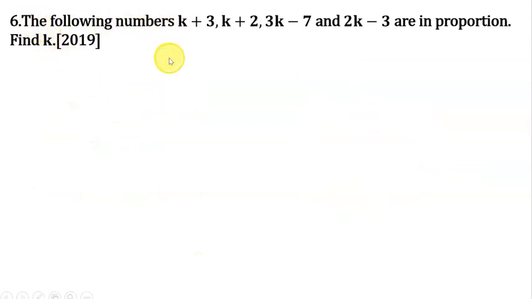The following numbers, that is k plus 3, k plus 2, 3k minus 7 and 2k minus 3, are in proportion. Find k. As these numbers are in proportion, you will get here (k plus 3), the first number, divided by the second number, which is (k plus 2), equals (3k minus 7) upon (2k minus 3).